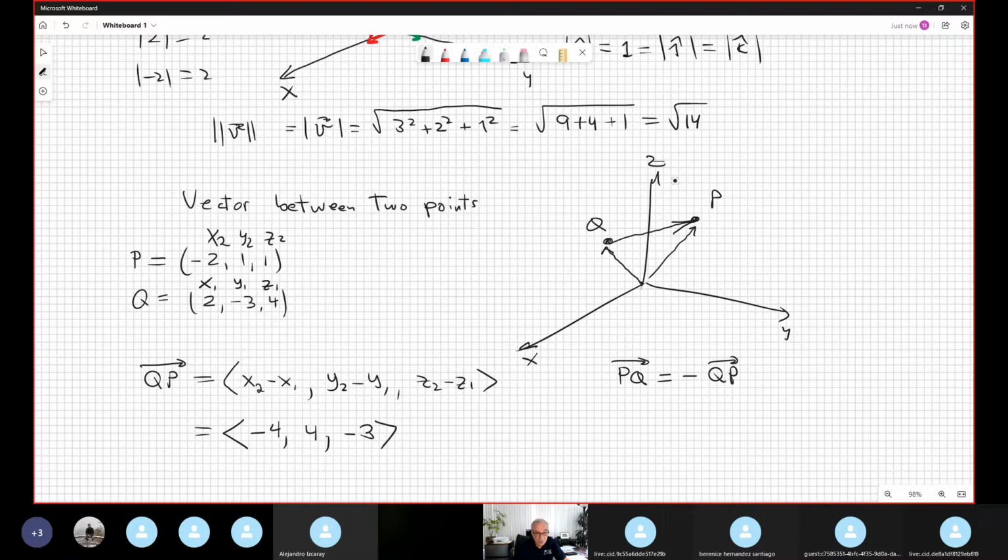For the opposite direction, completely opposite sign: 4, -4, and 3.